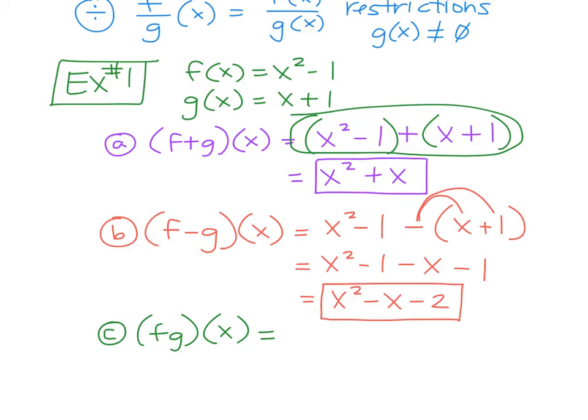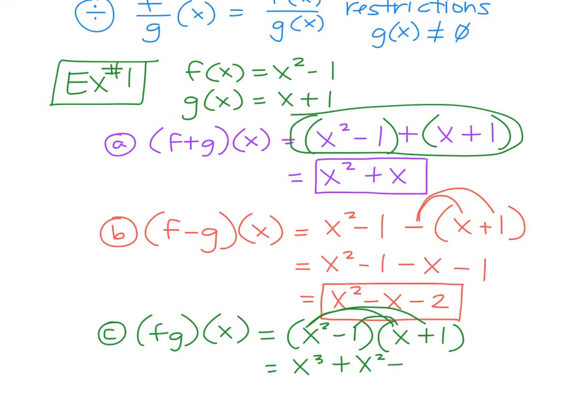Okay? F times g of x is going to look like this. We're going to take f of x, x squared minus 1, and multiply it by g of x, which is x plus 1. And now we're going to FOIL that. What's x squared times x? X cubed. X squared times 1 is just x squared.